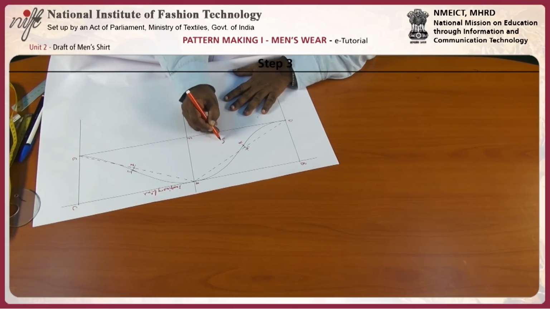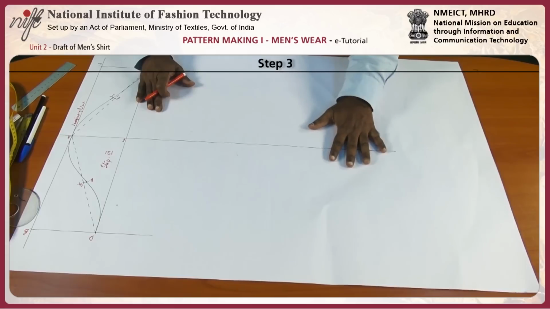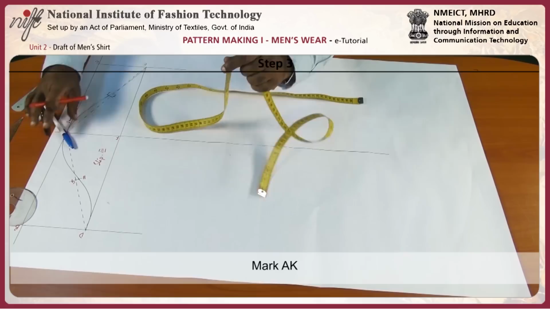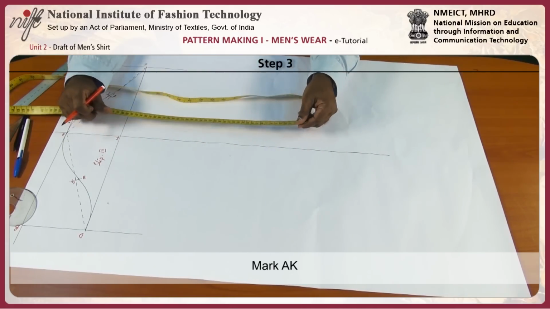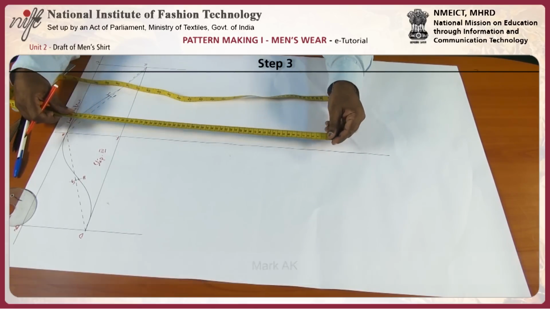Step 3. A to K sleeve length excluding cuff width. Cuff width will be 6 centimeters.